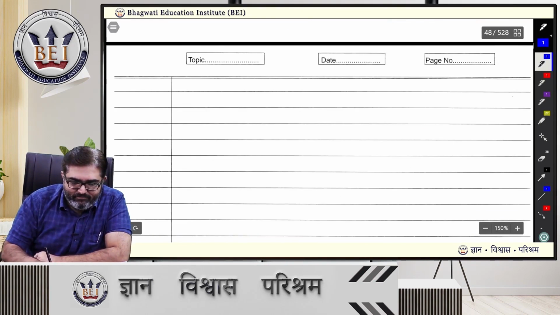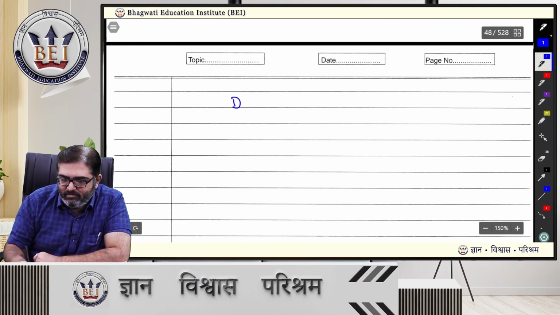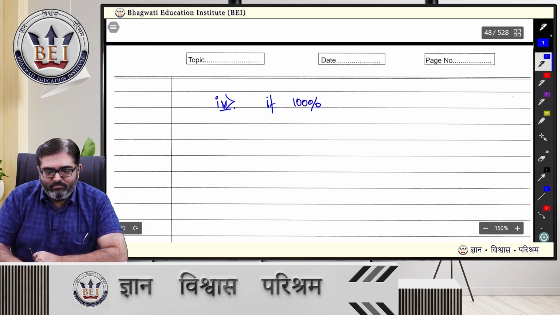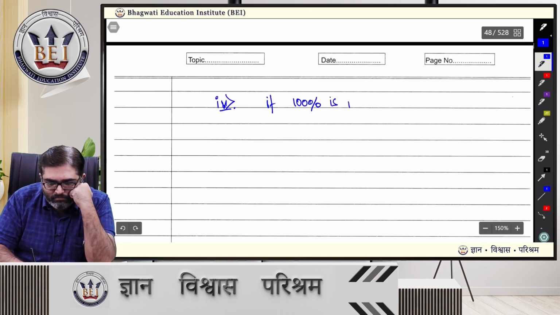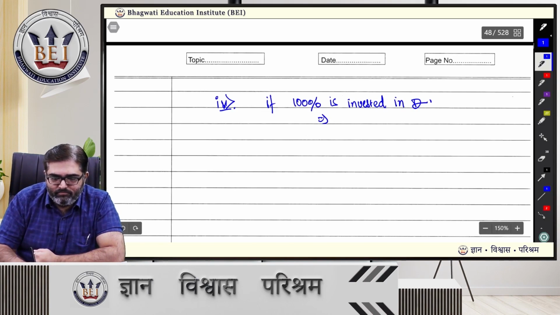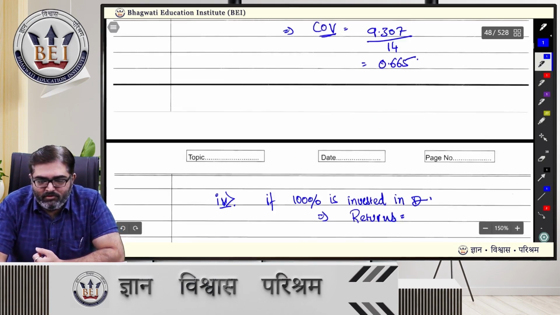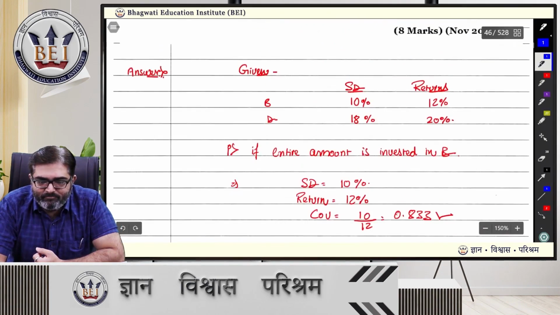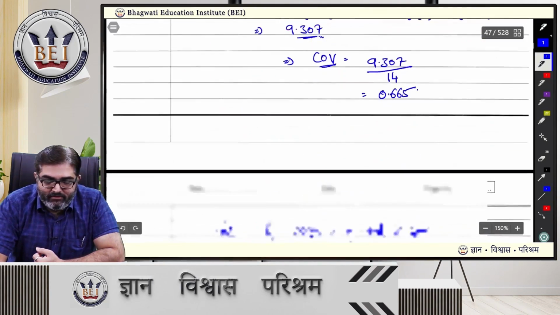Last one is D, or the fourth combination we can call it, only D. रिटर्न्स कितना है? 20% है मेरे ख्याल से. 20, 18.